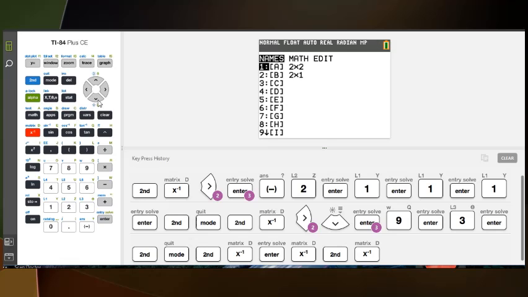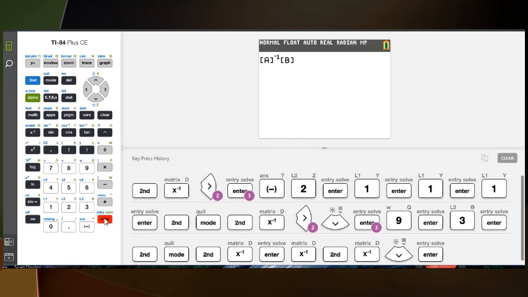This time I'm going to take matrix B and hit enter. So now I've got it set up to multiply the constant matrix, matrix B, by the inverse of the coefficient matrix, matrix A. I hit enter, and it tells me that it is minus 2 and 5. So what that means is that x is equal to minus 2, and y is equal to 5.